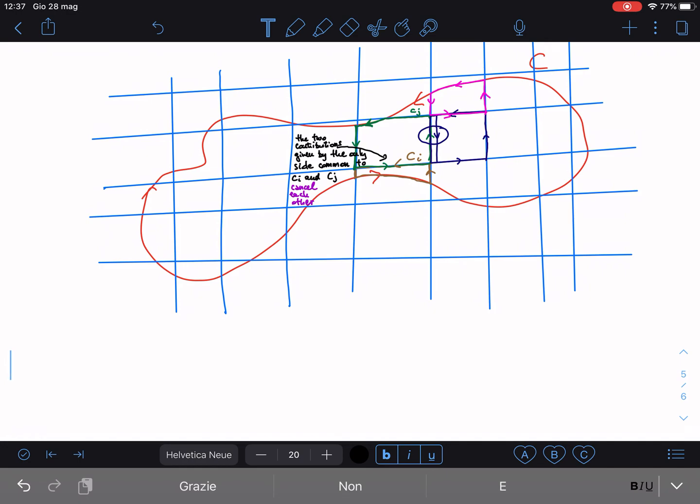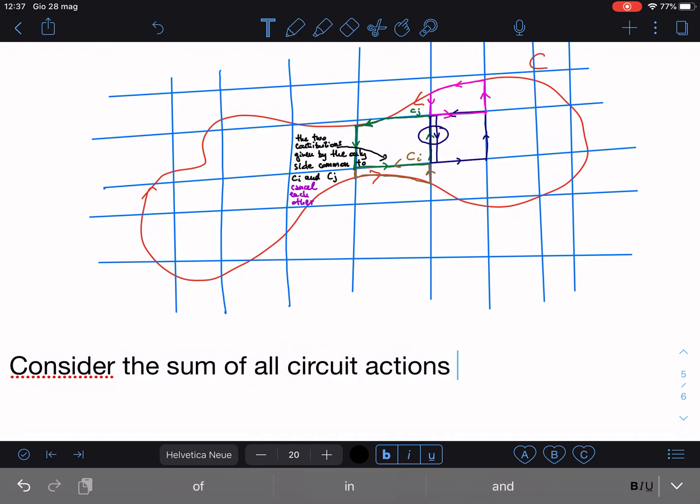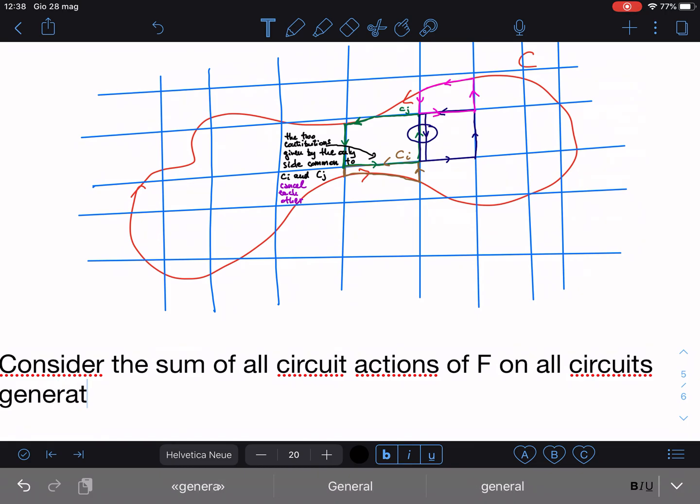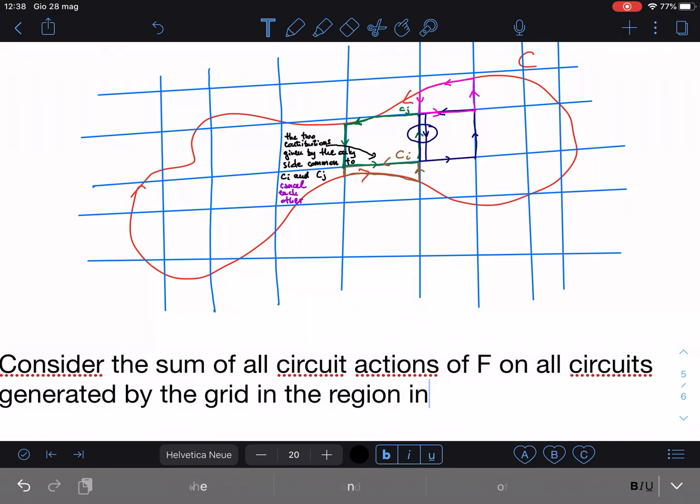So consider the sum of all circulations of the field F on all circuits generated by the grid in the region internal to the original circuit C. Okay?